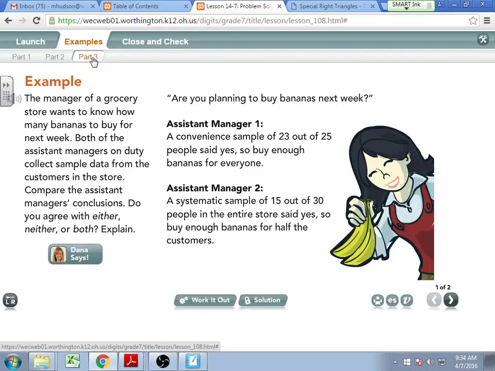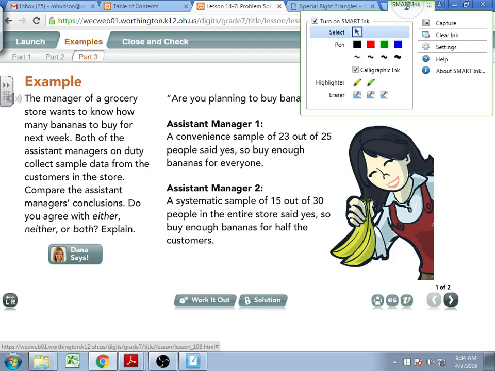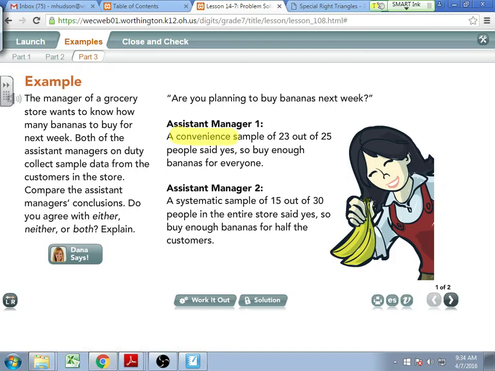What do you think the differences in how they collected their data could have been? Obviously, one's a convenience, one's a systematic. So that's the first thing I would underline or highlight. So we have our differences there. Our convenience sample found 23 out of 25.